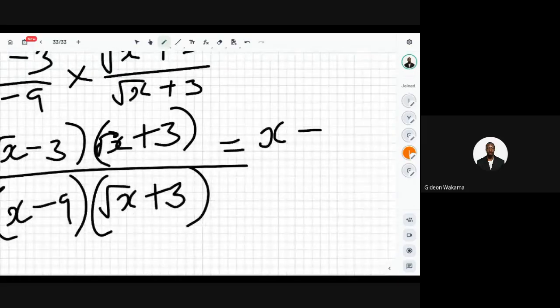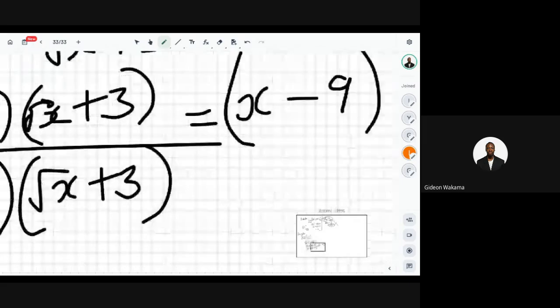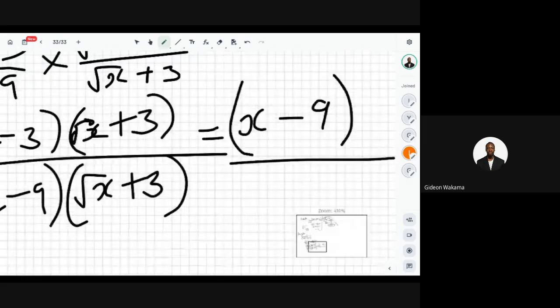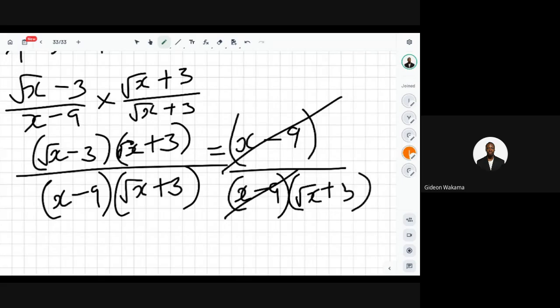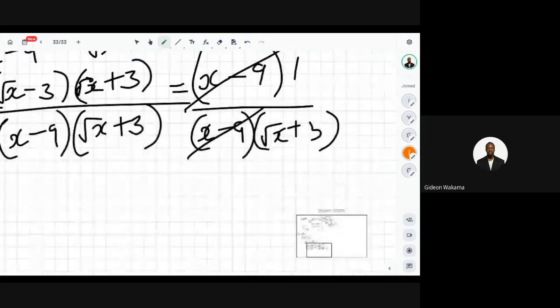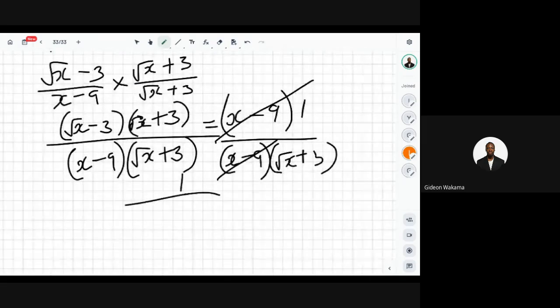So I have x minus 9 in this part here. Do we now understand how I got the x minus 9? X minus 9, and then root x plus 3. And then this cancels out. I'm left with 1 over root x plus 3.